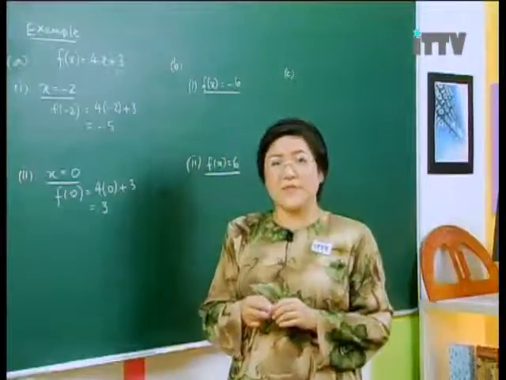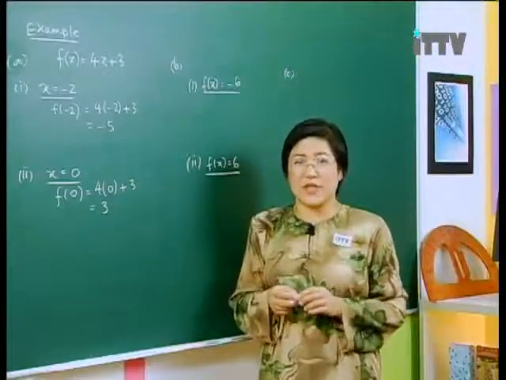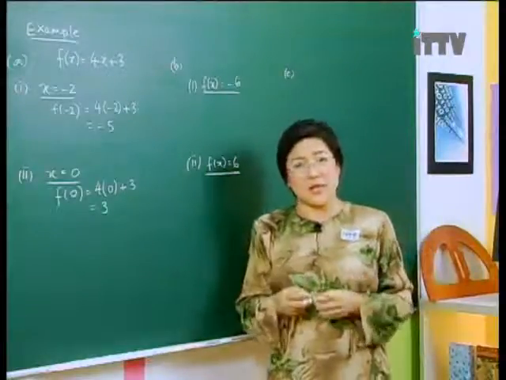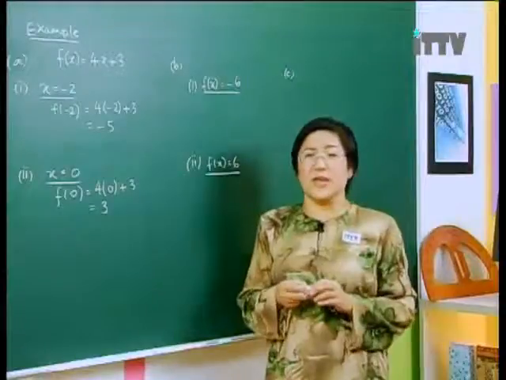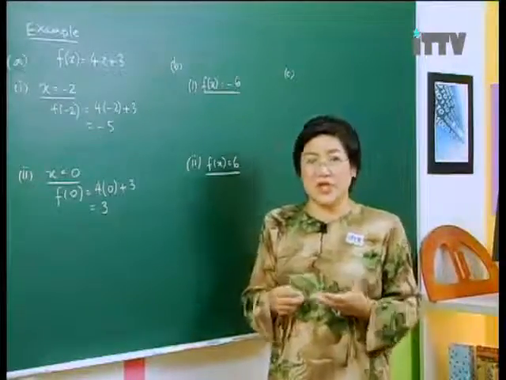Moving on to part B, we're finding out the object this time from the image given. That means that we are kind of working backwards, but we can still apply the concept of substitution, except that we are substituting the given value into the function.